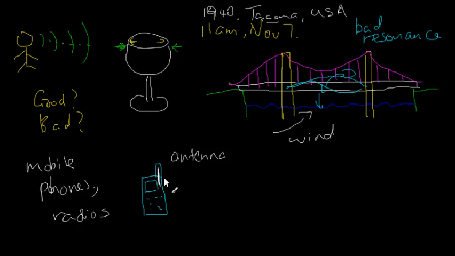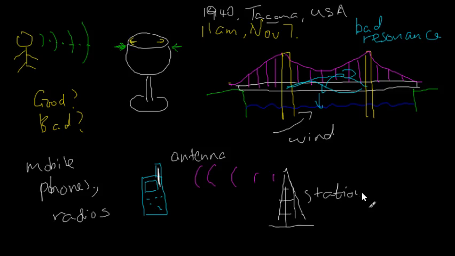Now, it is this short piece of metal that would first receive the microwave that comes from the station that sends out the signal either to the mobile phone or the radio. I just call it the station.